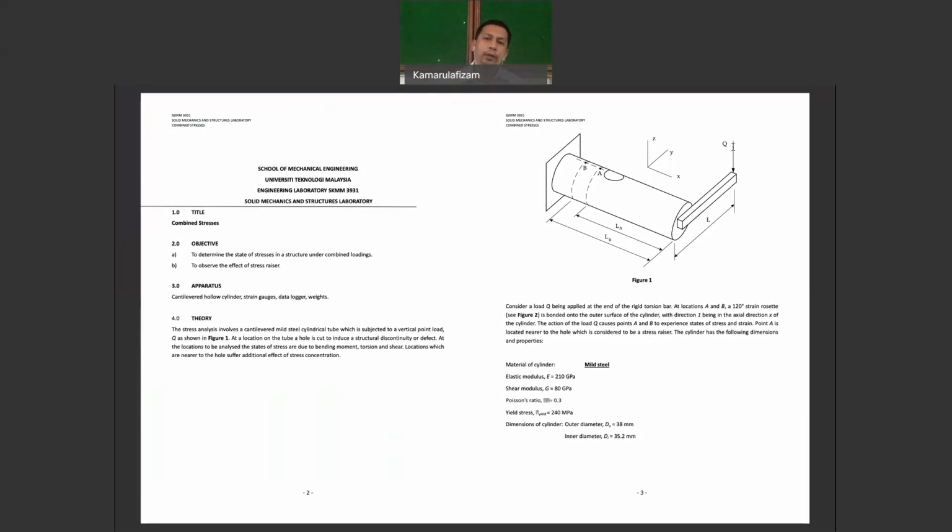With the loading profile at Q, you need it to calculate the stresses at point A and point B. You put the load here, and we expect some bending and stresses, strain, and of course moment or shear at points A and B. You will be given a specific loading profile for Q, then use all the formulation to calculate the stress and strain at points A and B. The material properties are given here.